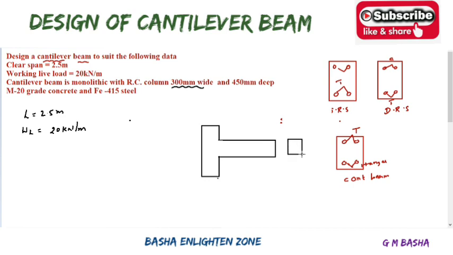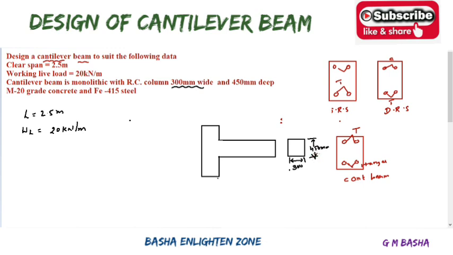So I'm drawing the cross section of the beam. The data given is that the beam is 300 mm wide and 450 mm deep.